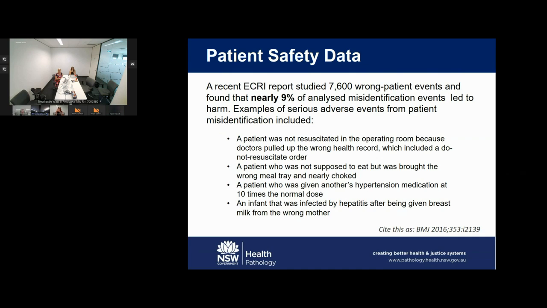So all of those were critical events, and all due to the fact that the patient at the time of the procedure, whether it's a blood procedure or a medical procedure, was not identified correctly.